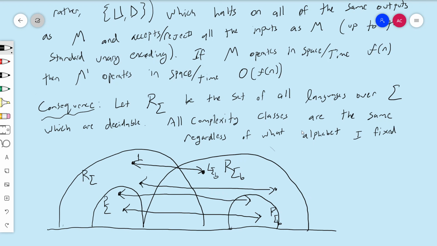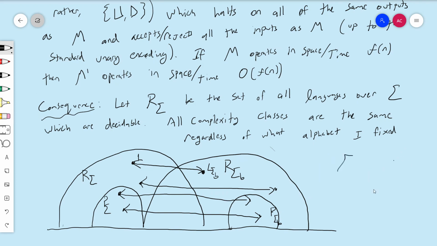And I can only say that because I have this standardized way to go from any one alphabet to the other. I can define that just by having a standardized unary representation of any one alphabet.